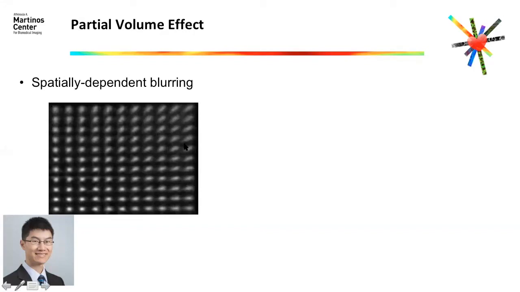This is the upper right quadrant of the scanner. If we move off the center toward one side, you will notice that this blurring moves towards that side. If you move up, the blurring also moves towards the upper side. If you move diagonally, the blurring will also move diagonally. So there is a spatially dependent blurring effect.